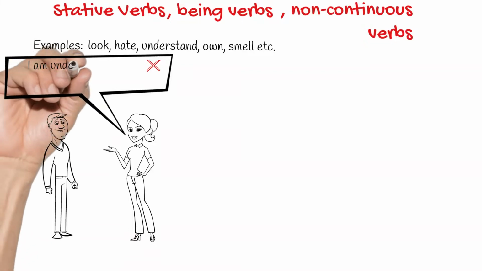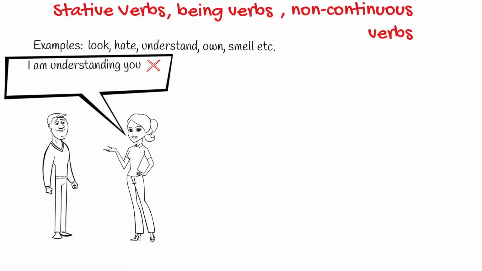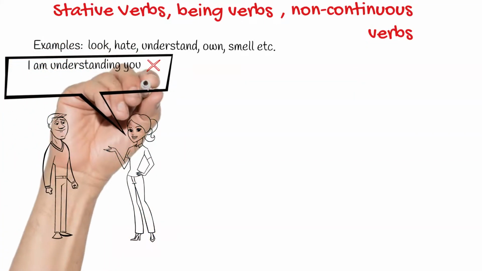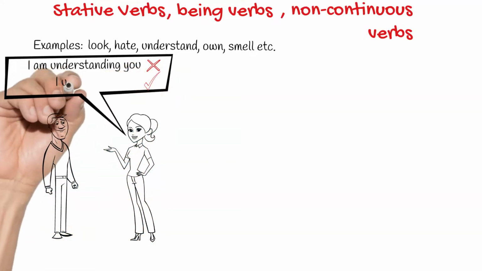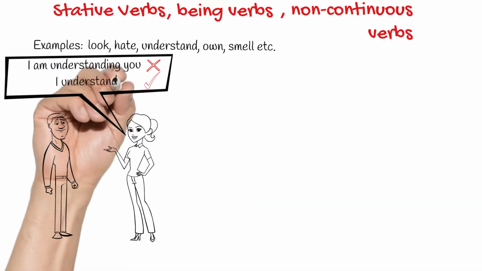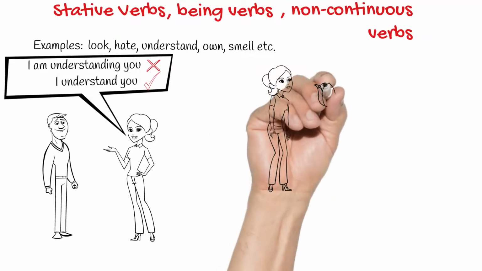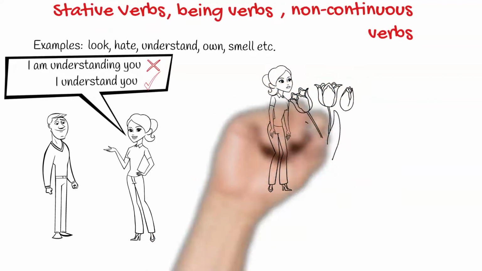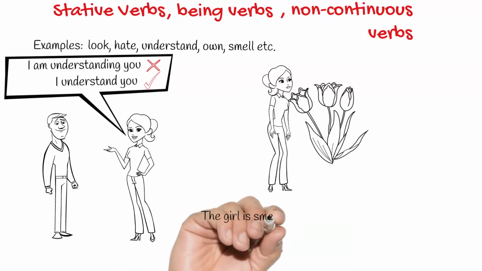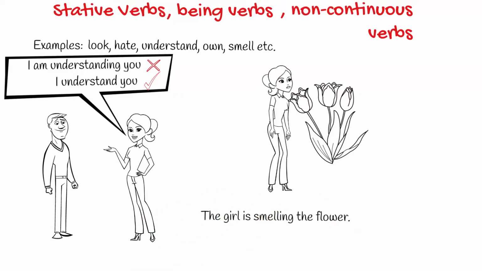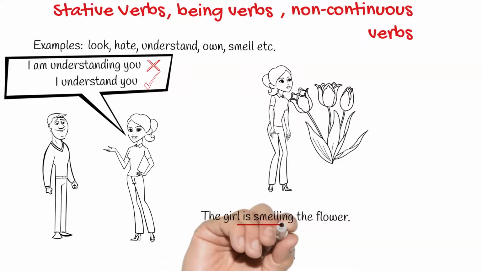It is wrong to say, I am understanding you, because to understand is not an action. We should say, I understand you. Sometimes such verbs may describe a dynamic action depending upon some context, as in, the girl is smelling the flower.